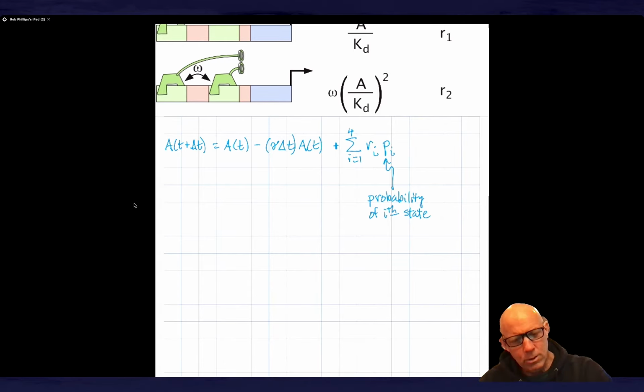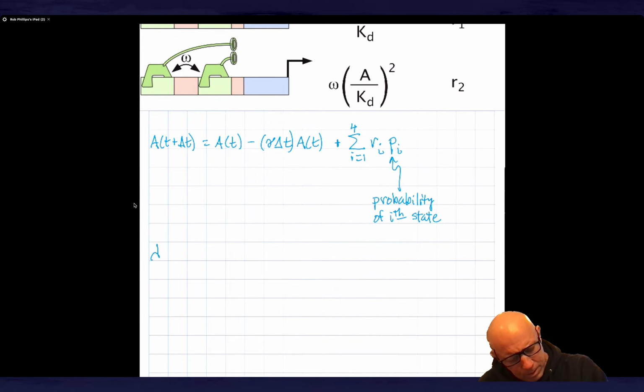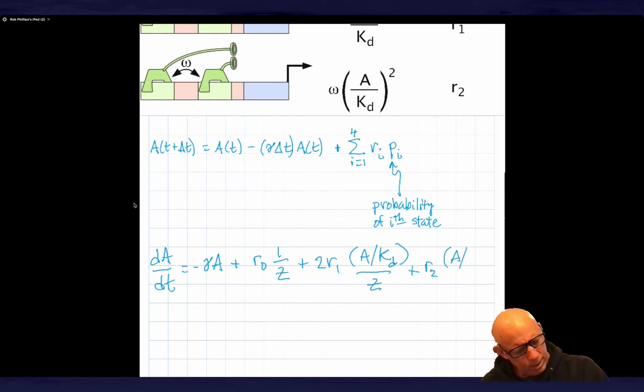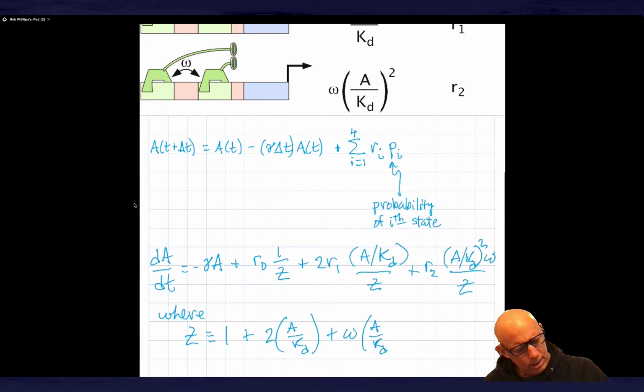And so if I do my usual thing, which is to bring my A of t to the left side and divide by delta t, what I'm going to be left with is dA/dt equals minus gamma A, plus R0 times 1 over z, plus 2 times R1 times (A over KD) over z, and then plus R2 times (A over KD) squared omega over z, where z is defined as 1 plus 2 A over KD plus omega (A over KD) quantity squared.